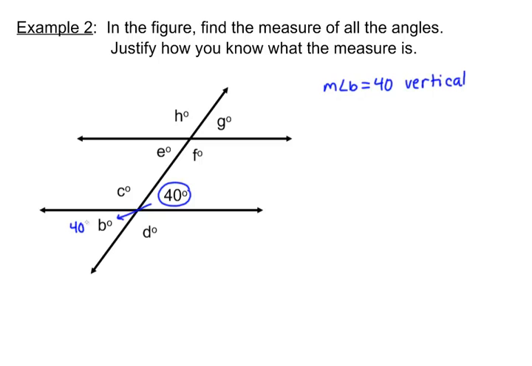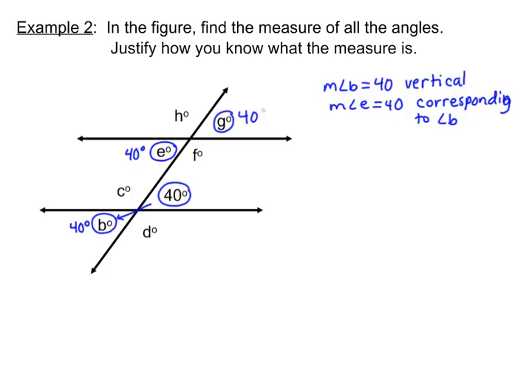We also know that the measure of angle E is going to be 40 degrees because it's corresponding to B. Measure of angle E equals 40, corresponding to angle B. Alright, so here's 40 degrees, and we know that angle G is also 40 degrees because it's vertical to E. So the measure of angle G equals 40 degrees as well because it's vertical to angle E.